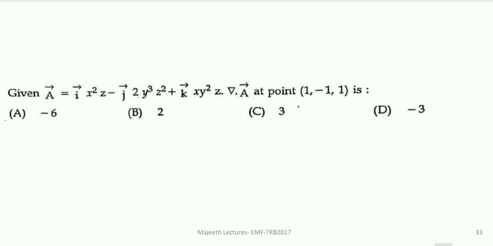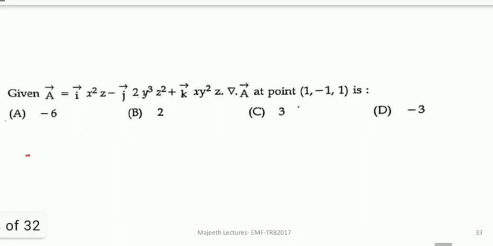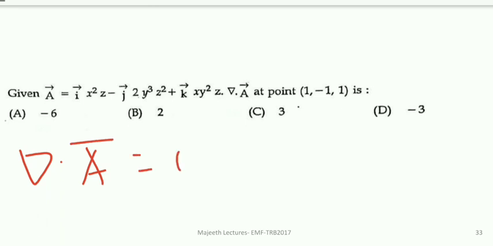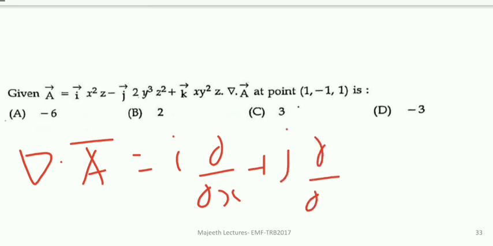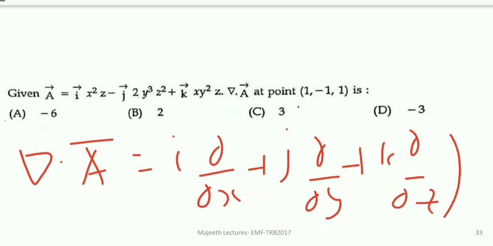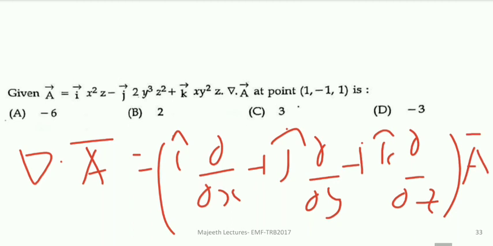Divergence of A is given by del dot A. Del is i dou by dou x plus j dou by dou y plus k dou by dou z. This is my A vector. Dot product of i dot i is 1.